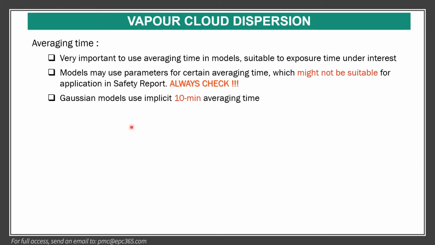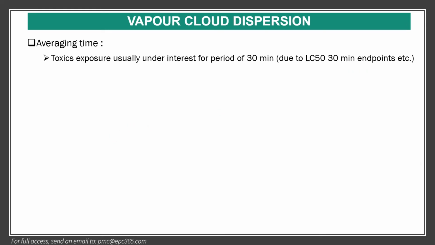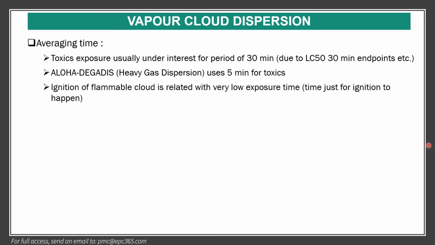The Gaussian model uses an implicit 10-minute averaging time. Averaging time for toxic exposure is usually of interest for a period of 30 minutes, due to LC50, 30 minutes as the endpoint. And ALOHA Degadis, for heavy gas dispersion, uses 5 minutes for toxic.